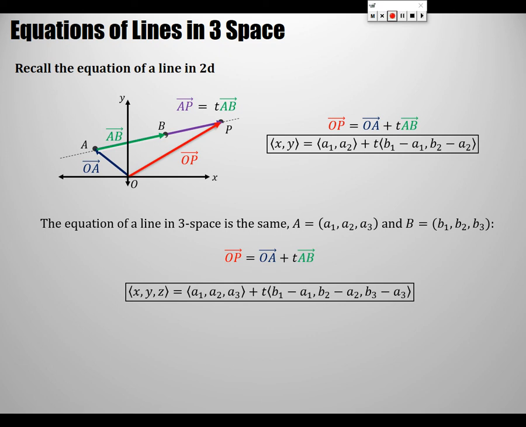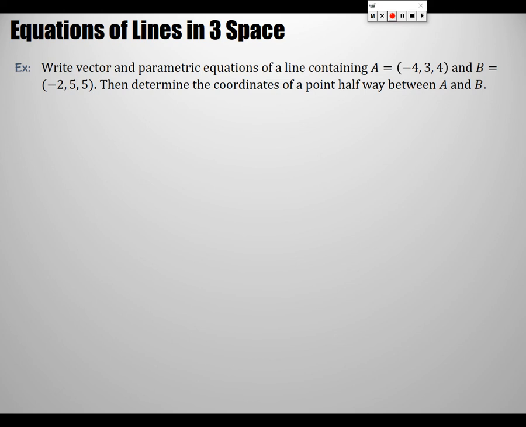So to prove that this really is easy, try it now with 2 points. I'll give you 2 points. You come up with the equation of the line between these 2 points, and also, just for fun, determine the coordinates halfway between them. Come up with the vector and parametric equations, right?